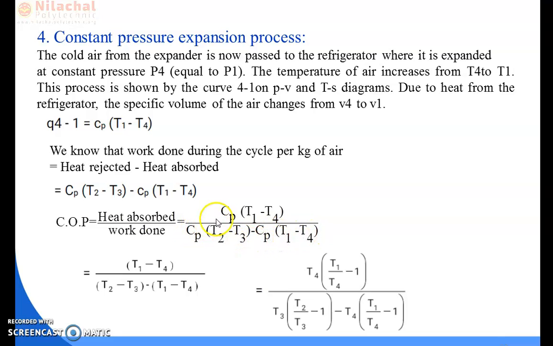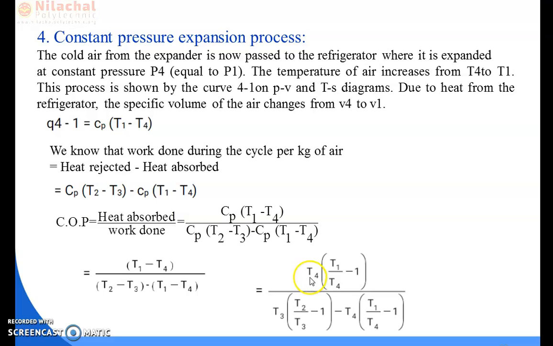Now you see you can take Cp common, and from the top and the bottom it will cancel, then you will get (T1 - T4) / [(T2 - T3) - (T1 - T4)]. Now I am doing some mathematical manipulation.